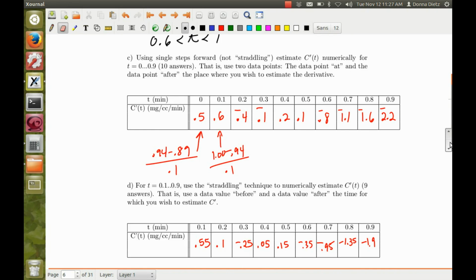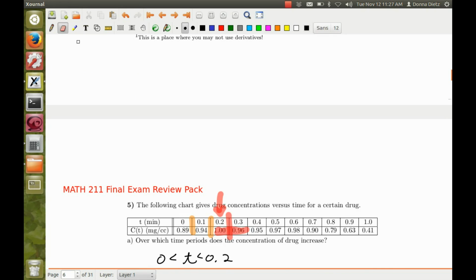That's fine. There's another technique that does the same thing. Let's think about that. See if it gives the same results. It's straddling. So if I'm at 0.1, what I do is I go 1 minus 0.89, but I don't divide by 0.1, I divide by 0.2, because now we're time stepping 0.2.